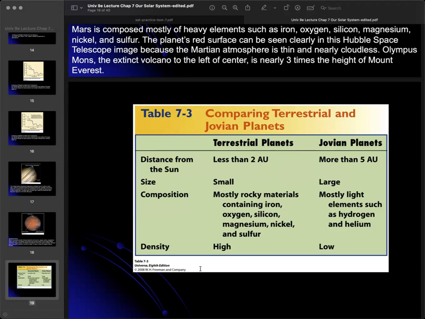Terrestrial planets are small in size, Jovian are large. Composition: terrestrial planets are mostly rocky materials, iron, oxygen, silicon, magnesium, nickel, and sulfur. Jovian planets are made of mostly light elements such as hydrogen and helium. Terrestrial planets have high density, Jovian planets have low density.